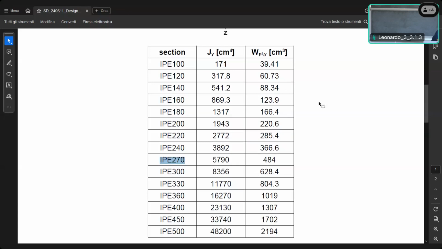In the case of this second assignment, I'm not looking at the second column with JY. I'm looking at the third column with WPLY. And at the line of IPE 220, I read a value which is 285.4. Okay? This is the value.